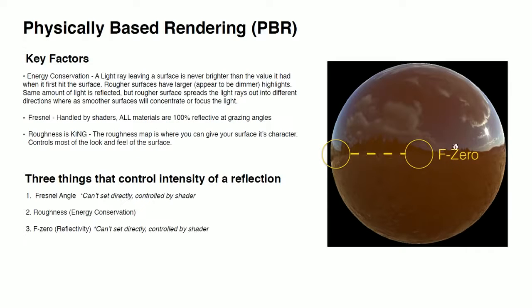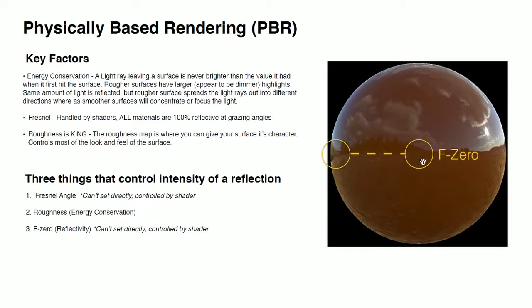Really what it comes down to is what is reflected at what is referred to as F0. This is something you'll hear a lot during PBR talks, but F0 is basically your Fresnel 0. If you take a look at this sphere, we're looking at it straight perpendicular, right at it. So this is F0. Now, as we start to move across the angle of this, you can see this slope angle here. We're coming up towards 90 degrees.